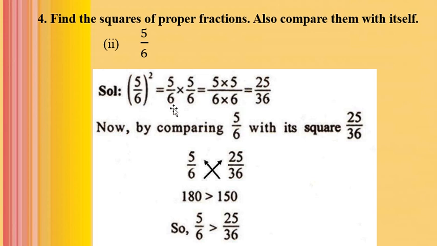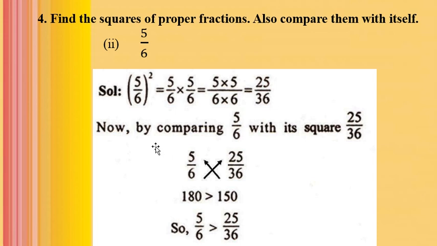It means 5 upon 6 multiplied by 5 upon 6. So we know that the numerator will be multiplied with the numerator and the denominator will be multiplied with the denominator. 5 5s are 25 and 6 6s are 36. So the square of 5 upon 6 is equal to 25 upon 36.